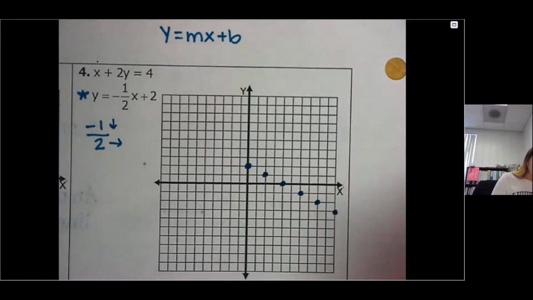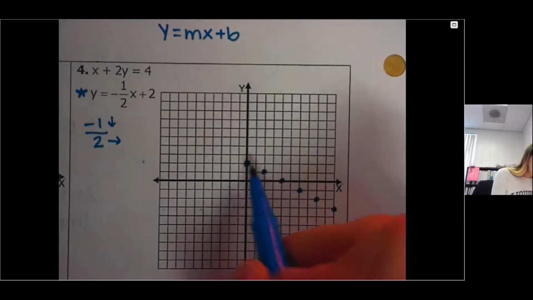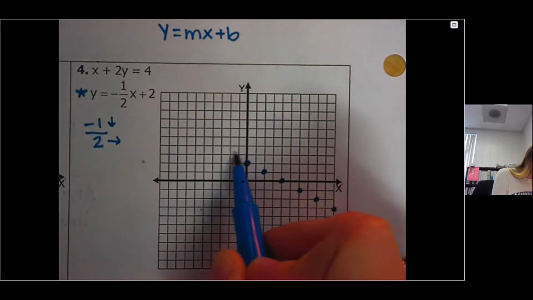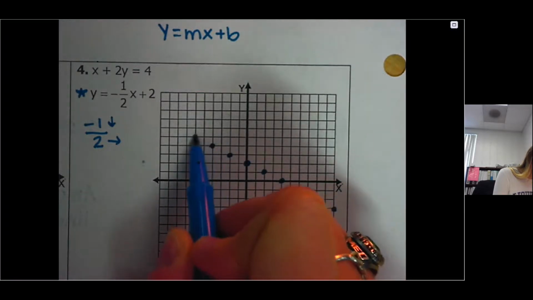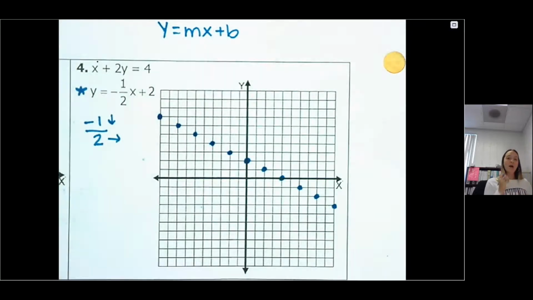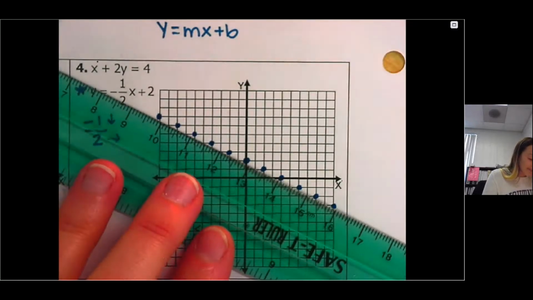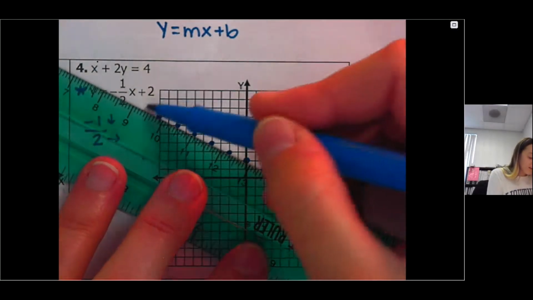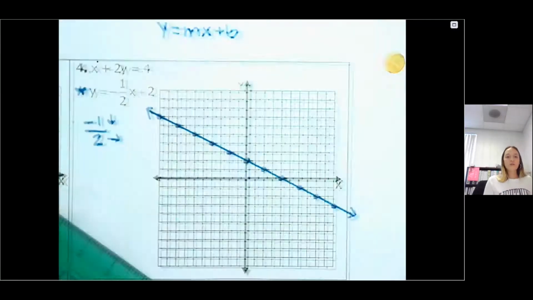If I want to reverse it, I go up 1, left 2. So it should look something like this. It's got my negative slope, right? I'm going down a hill, so we're good there.